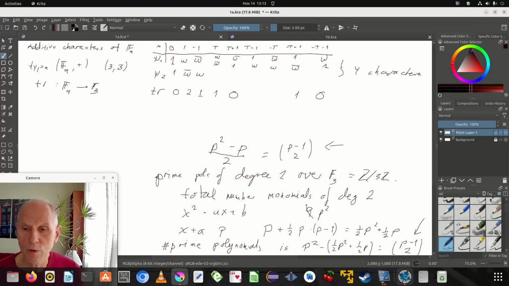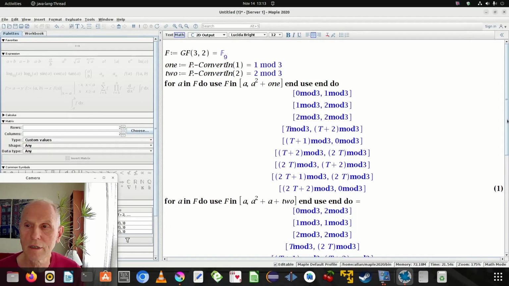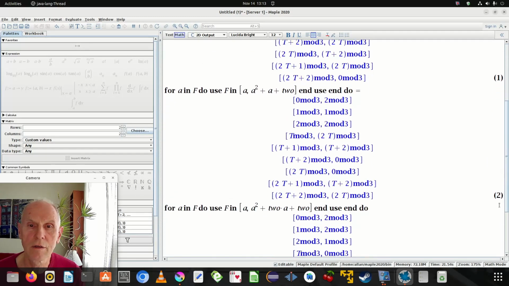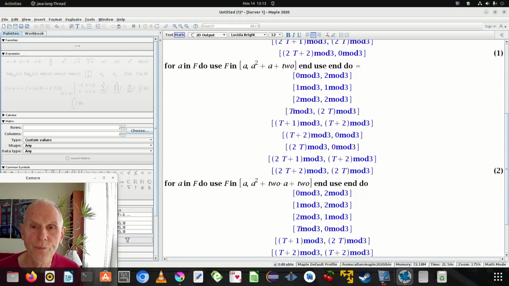And then the other one must have trace minus 1, doesn't it? This is t plus 2 and t plus 1. It has trace 2.